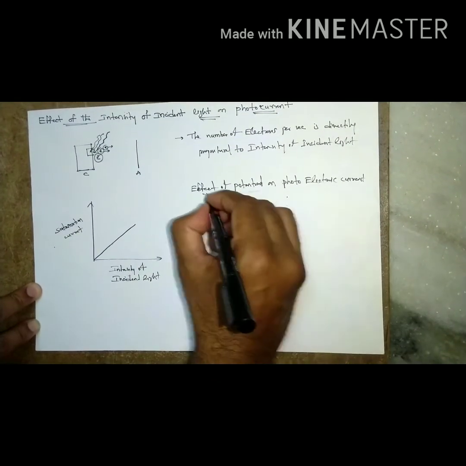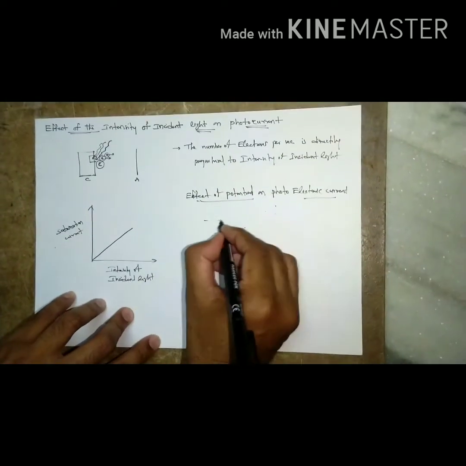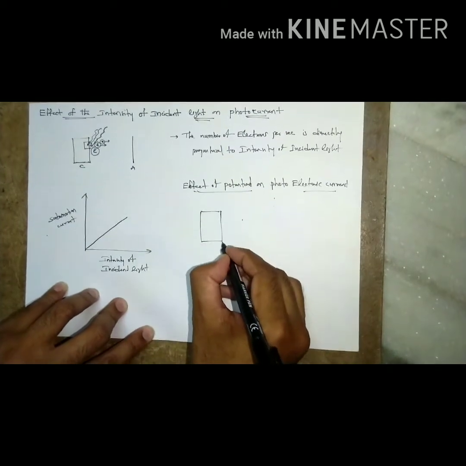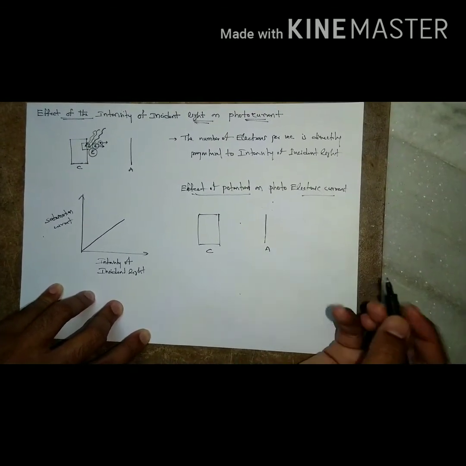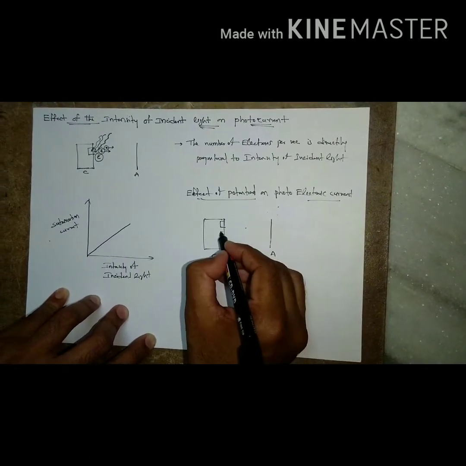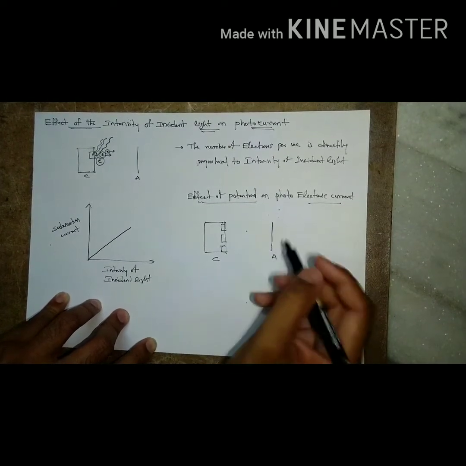Effect of potential on photoelectric current. Suppose we consider a plate, this is the cathode and this is the anode. Let us consider three cases of the same unit area.